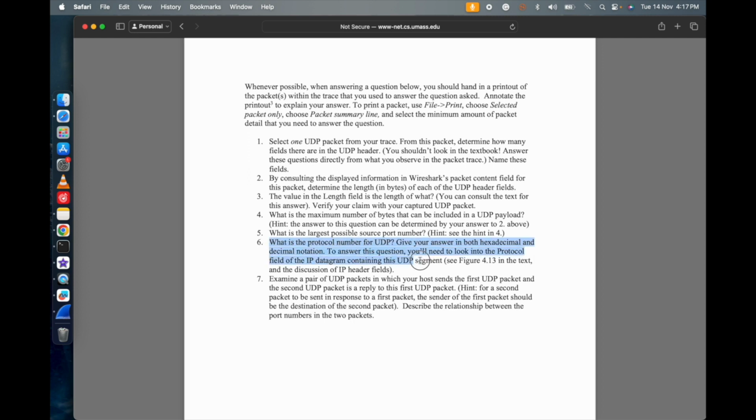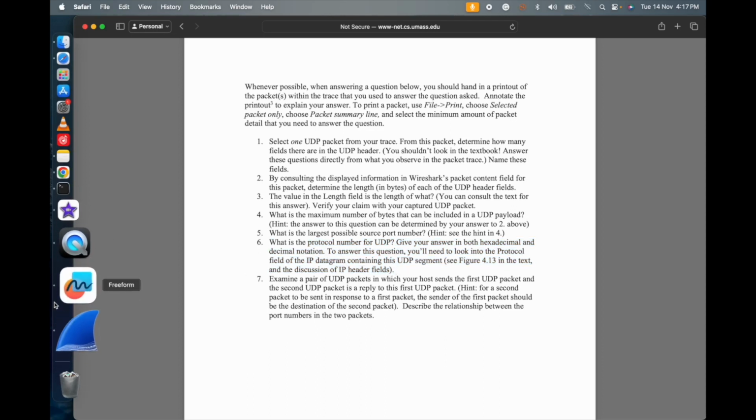So the sixth question. What's the protocol number for UDP? Give your answer in both hexadecimal and decimal notation. To answer this question, you need to look into the protocol field of the datagram containing the UDP segment.